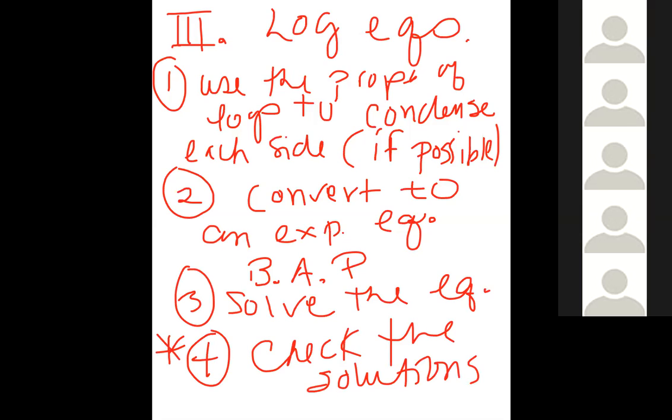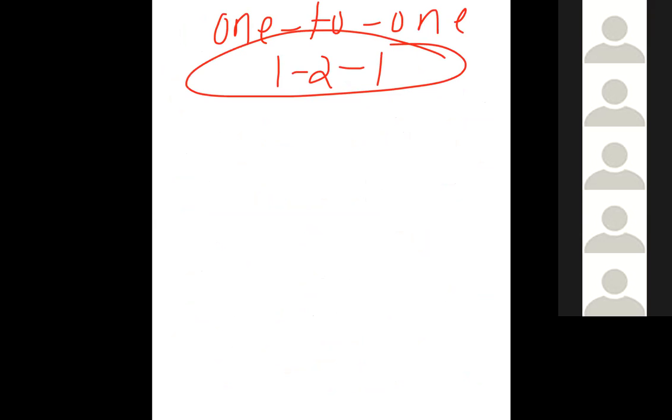Now, additionally, you will encounter some of these problems involving the one-to-one property of logs. So let me go ahead and show you guys what I mean by that. Way back in chapter 2, I used that. The one-to-one property of log says this, guys.